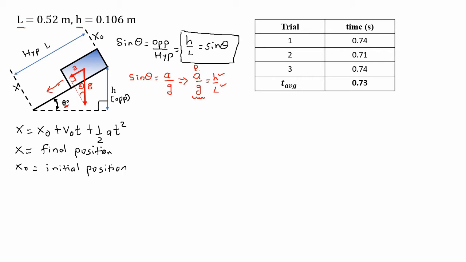And we can always say that the block starts from the 0 position, so we can make x0 as 0. The final position then becomes L, which is 0.52 meters. Right? V subscript 0 is the initial velocity, which in our case is 0 because the car starts from rest.